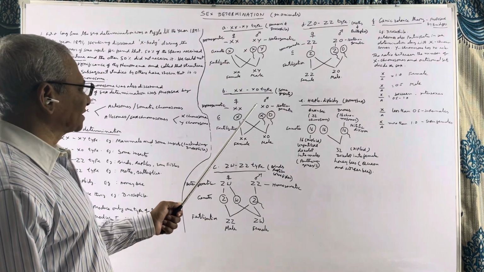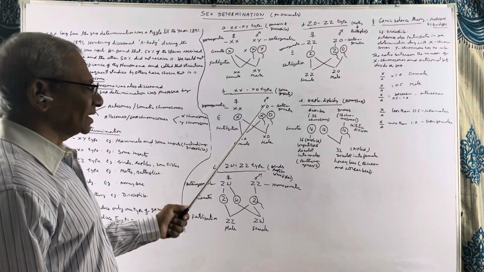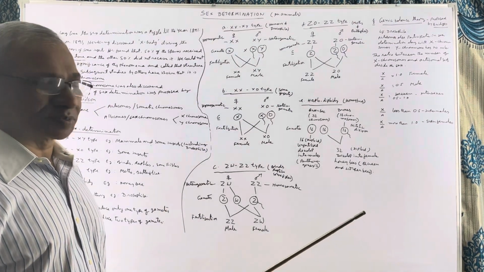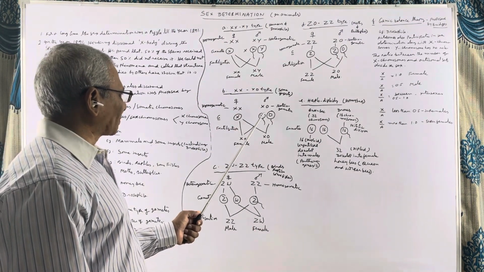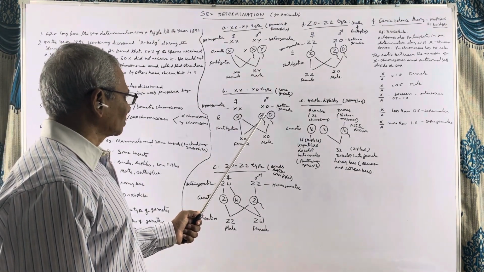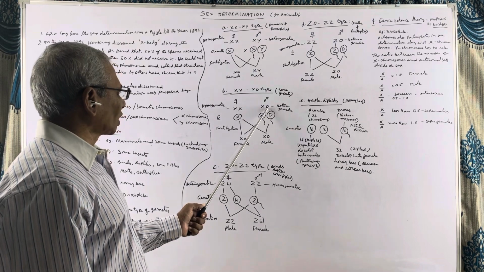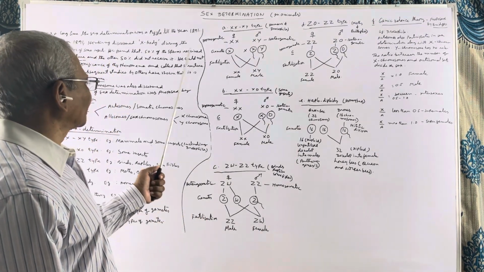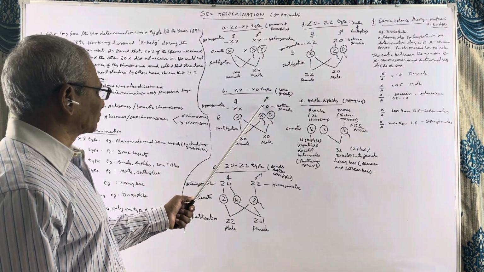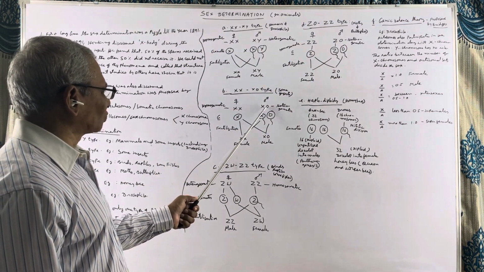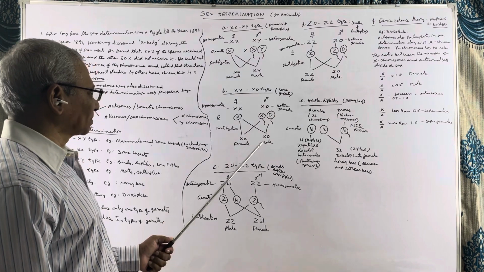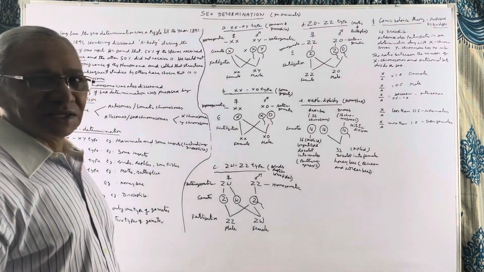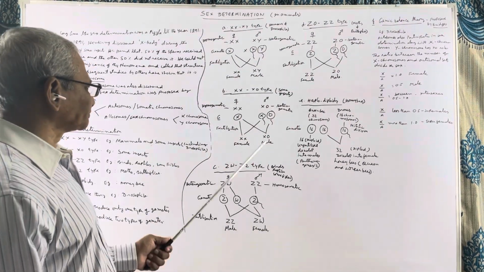Here what happens is only one X chromosome is present. So 50% of the sperms receive the sex chromosome, and other 50% do not receive any sex chromosome. So that was studied by Henking. That means male is heterogametic.